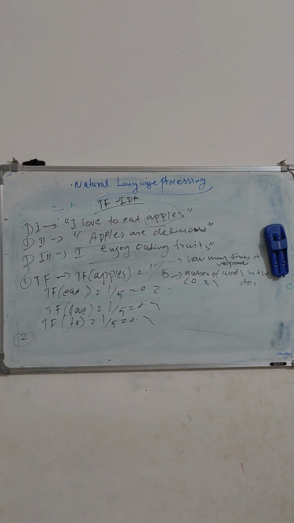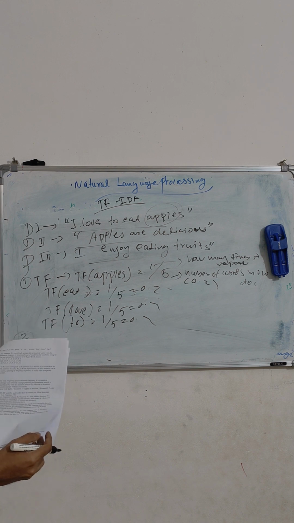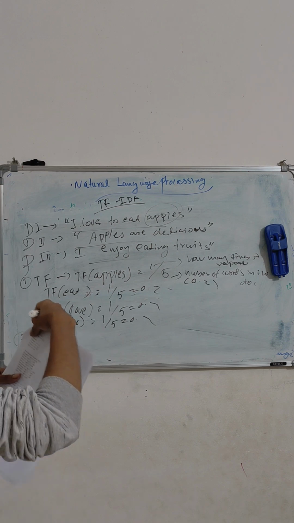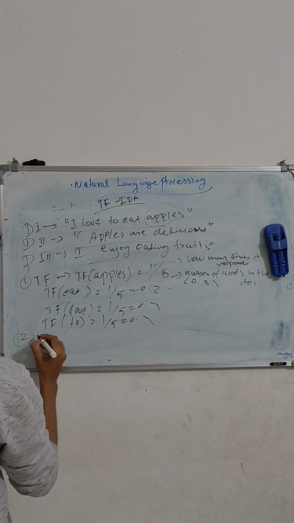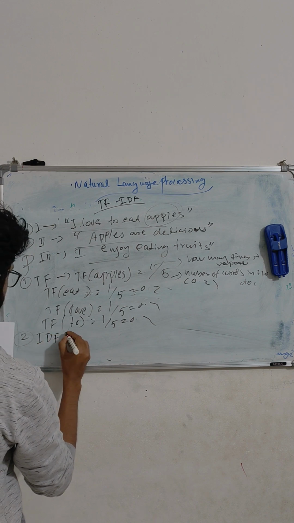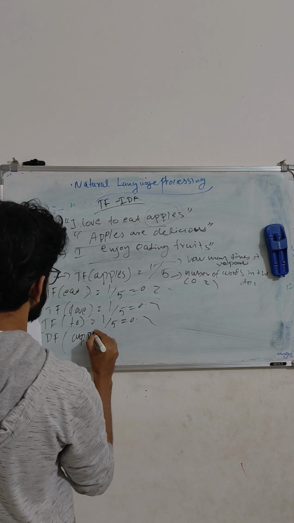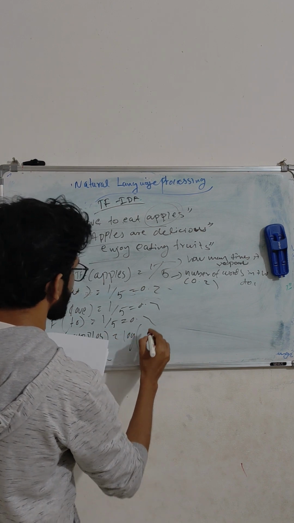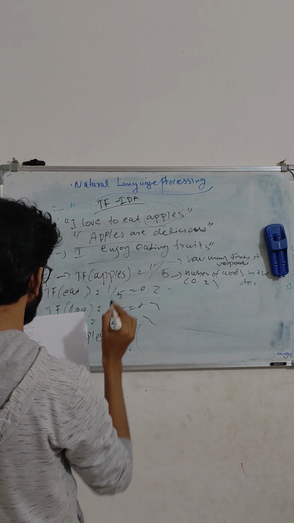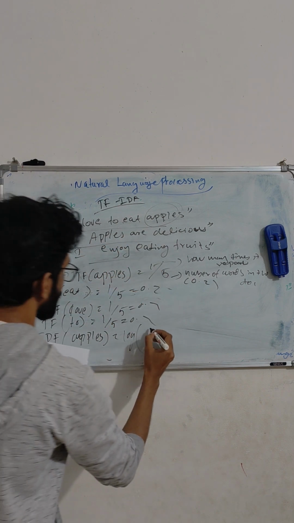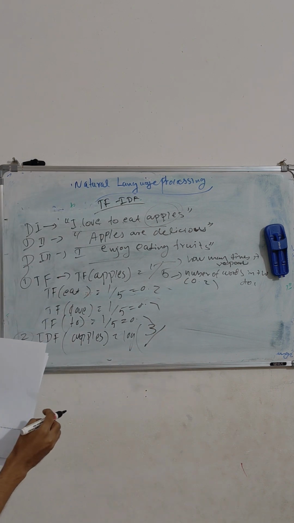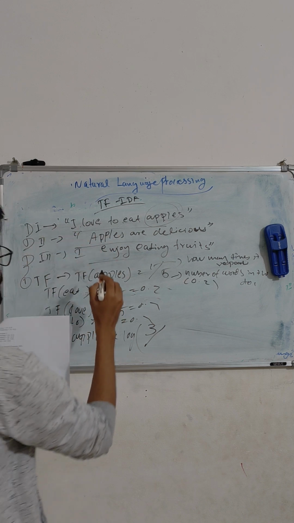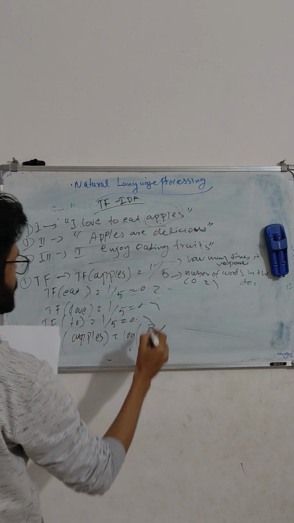Second one is calculating the IDF value, or inverse document frequency value, which is a logarithmic value where we have to calculate the log for each of the words. Say apples. In the numerator we have the number of documents, so it's 3 documents, and in the denominator how many documents each word appears in. Considering apples, there is 2.